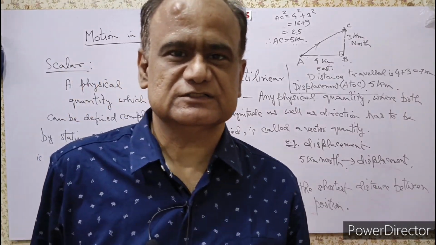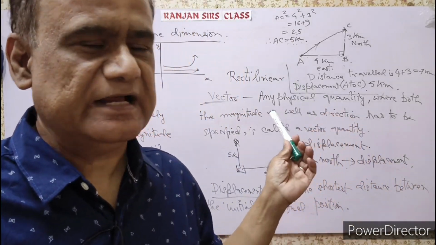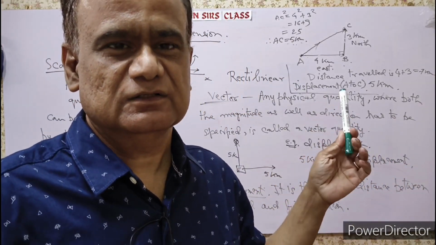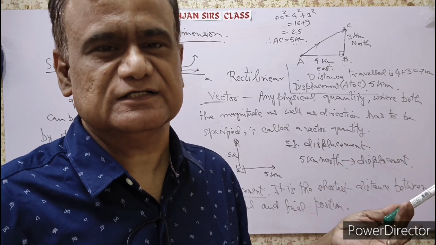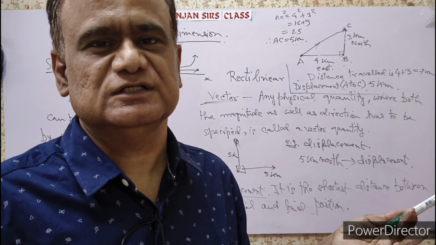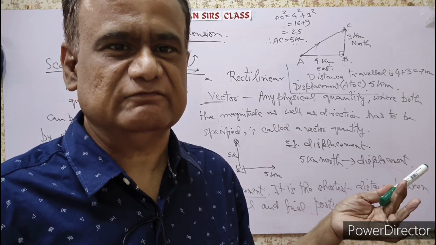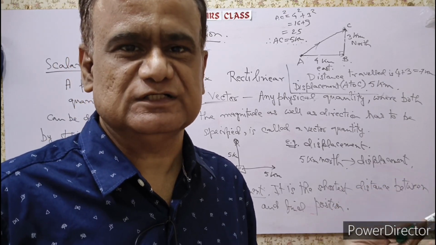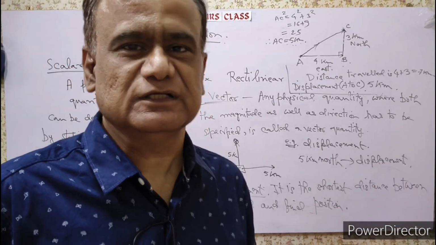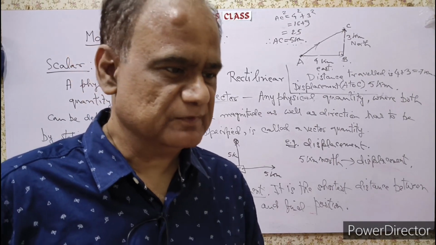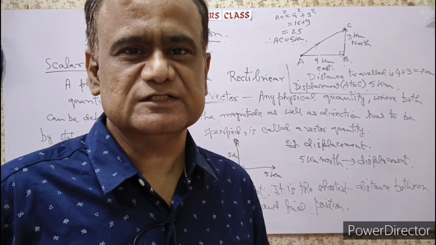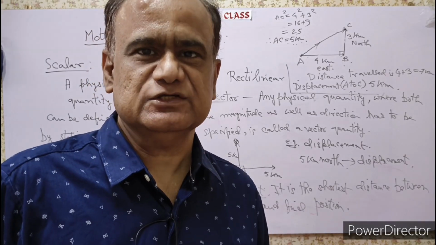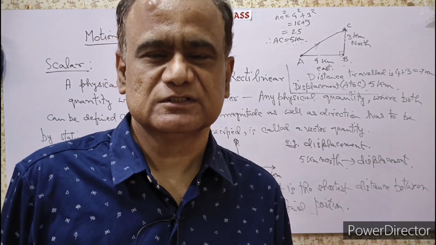Next we will discuss factors like speed, velocity, displacement, distance traveled, etc. Average velocity, average speed, the difference between the two we will be discussing. Then the units, both SI units as well as CGS units.